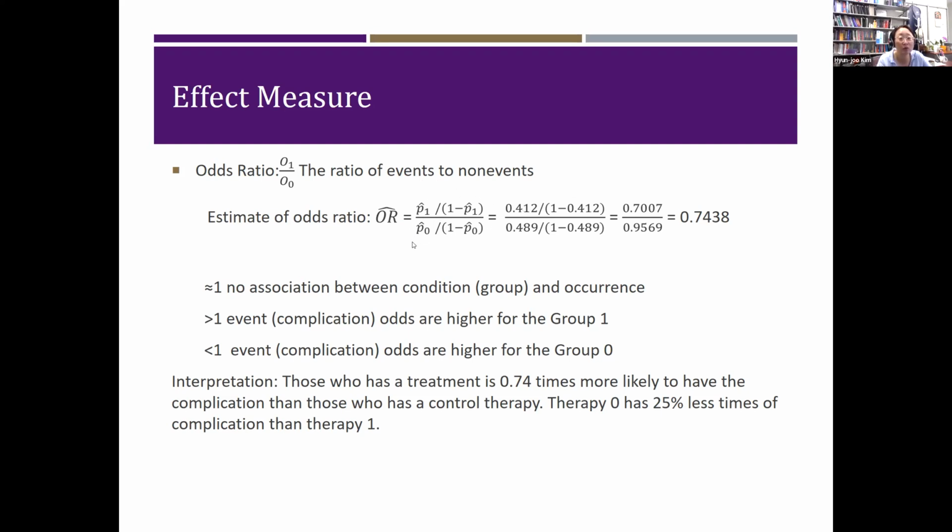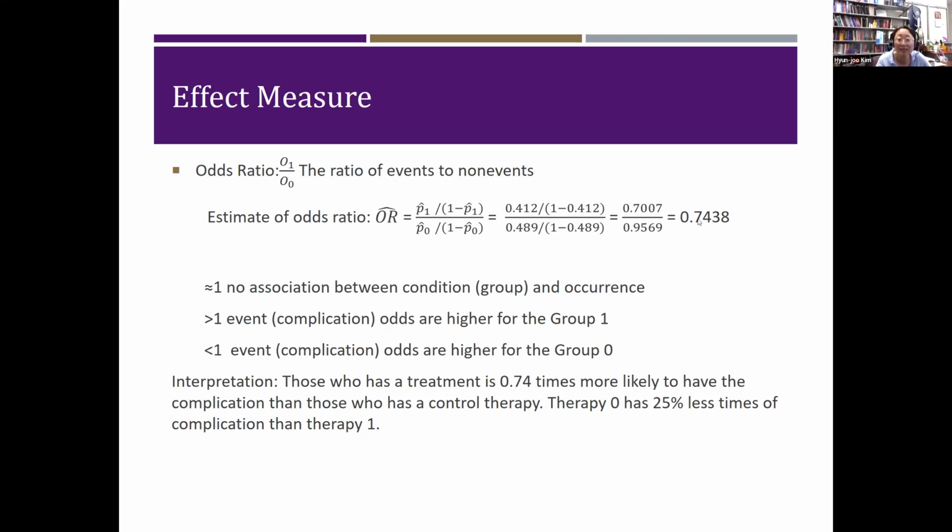In this example, the odds ratio is 0.412, which is our first P, the risk, divided by 1 minus 0.412. So the numerator is the odds of the first group. And then 0.489 divided by 1 minus 0.489, which is the odds of the second group. So our odds ratio is 0.7438.